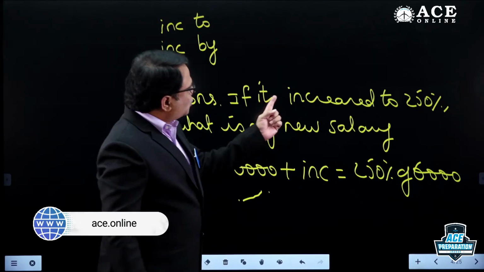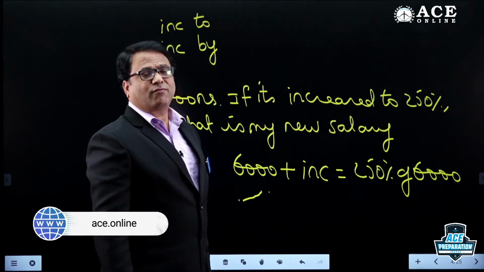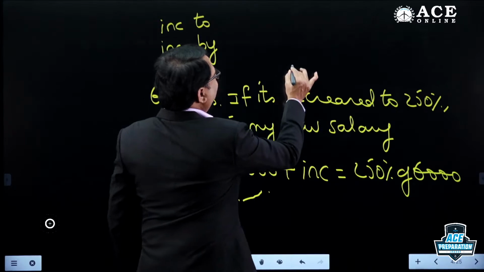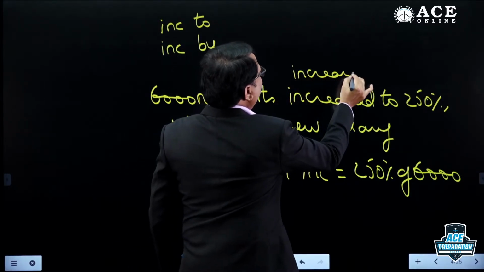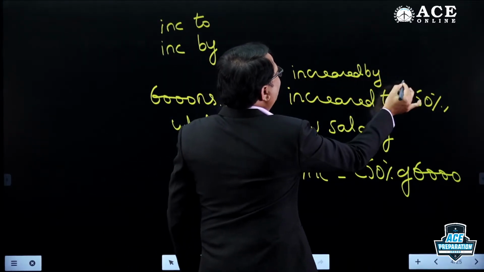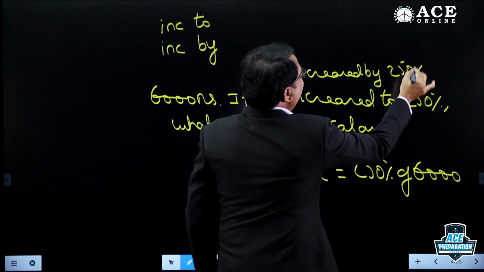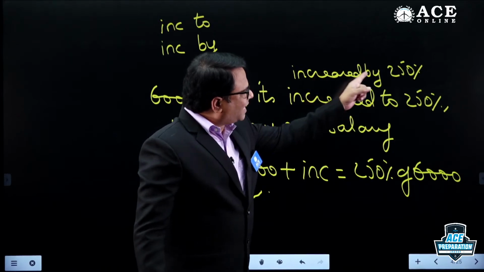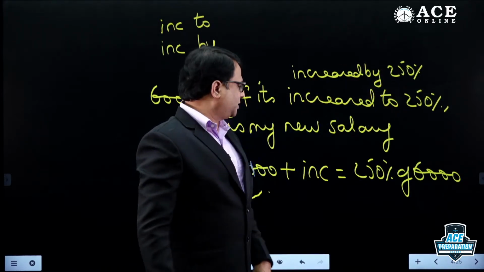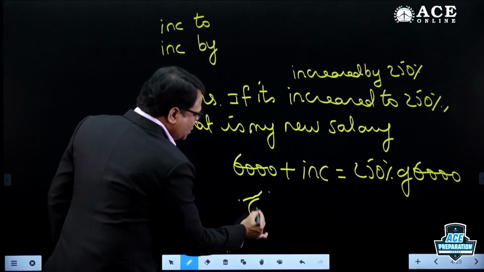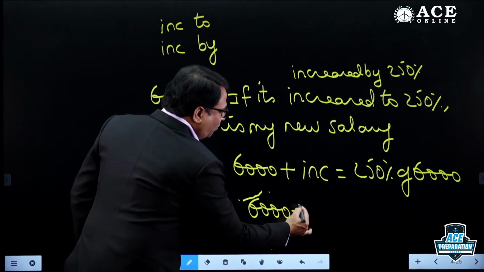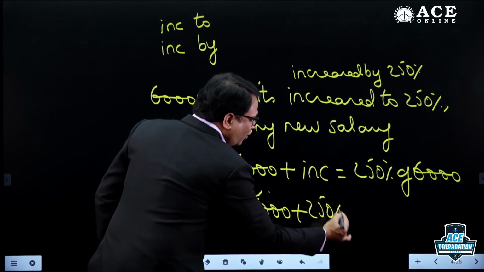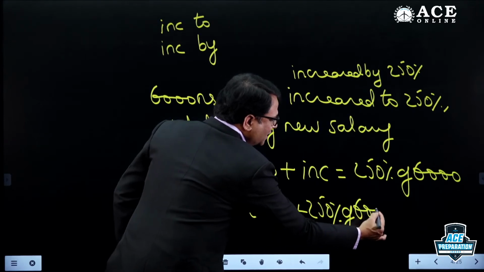Now, instead of increased to, if I say increased by 250%, then it is 6,000 plus 250% of 6,000.